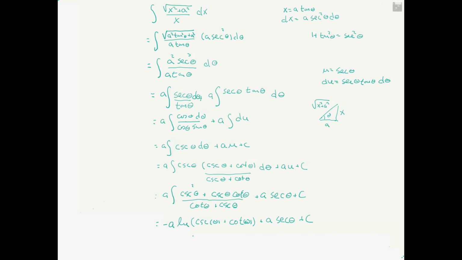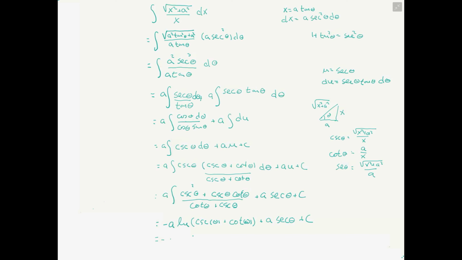We did a trig sub, so we have to convert back to x, and when we do so, cosecant theta equals square root of x squared plus a squared over x, and cotangent theta equals a over x, and secant theta is square root of x squared plus a squared over a.